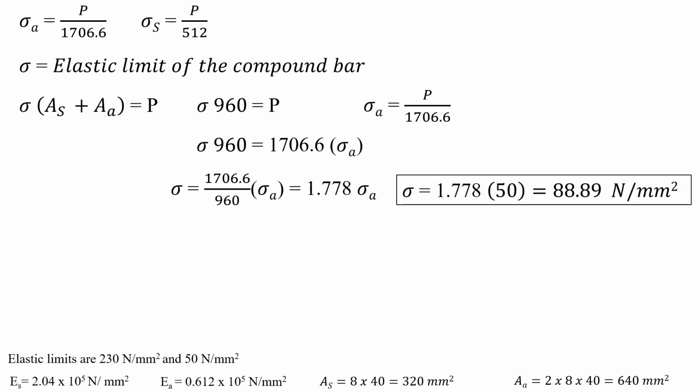So the sigma value is 1.778 into 50, which is 88.89 Newton per mm square.